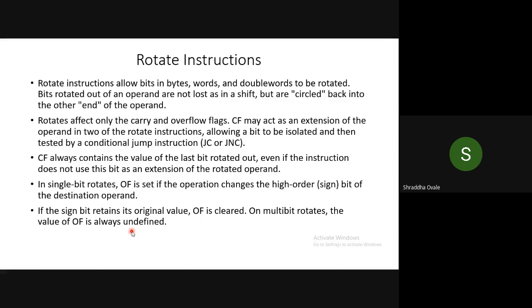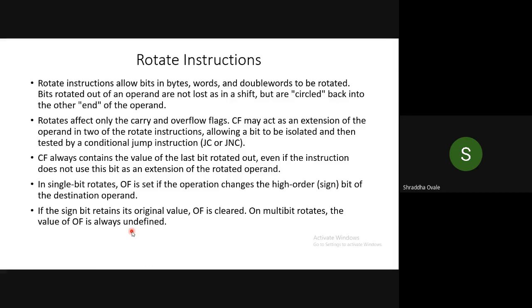Whatever will be the result after you perform your rotation, the CF flag will be affected depending on what type it is actually performing. And that particular bit will be tested by a conditional jump, that is JC or JNC instruction. So the CF, that is the carry flag, always contains the value of the last bit that is rotated out.